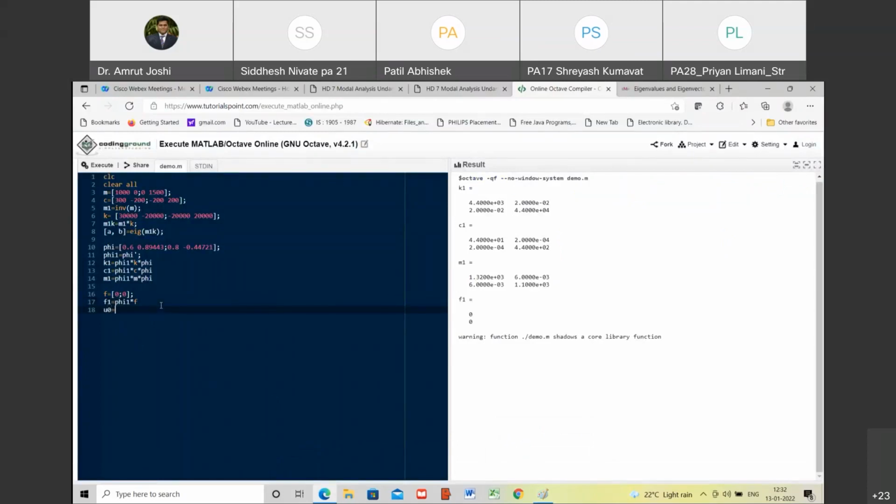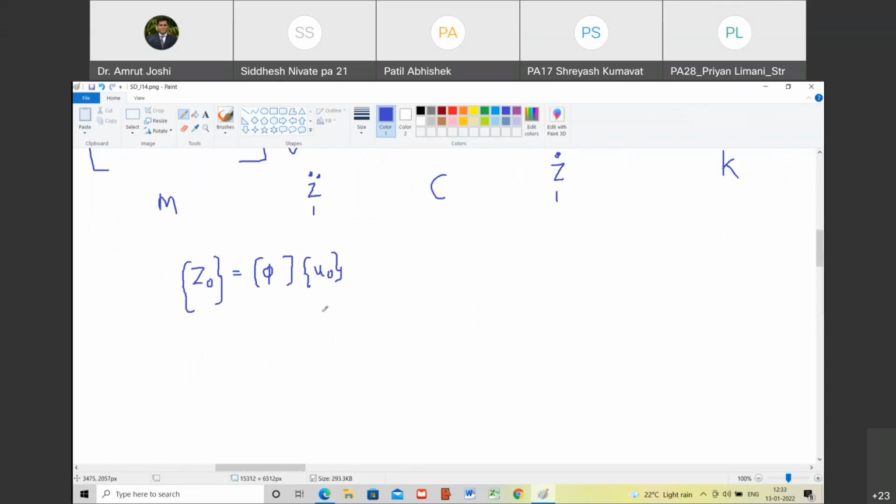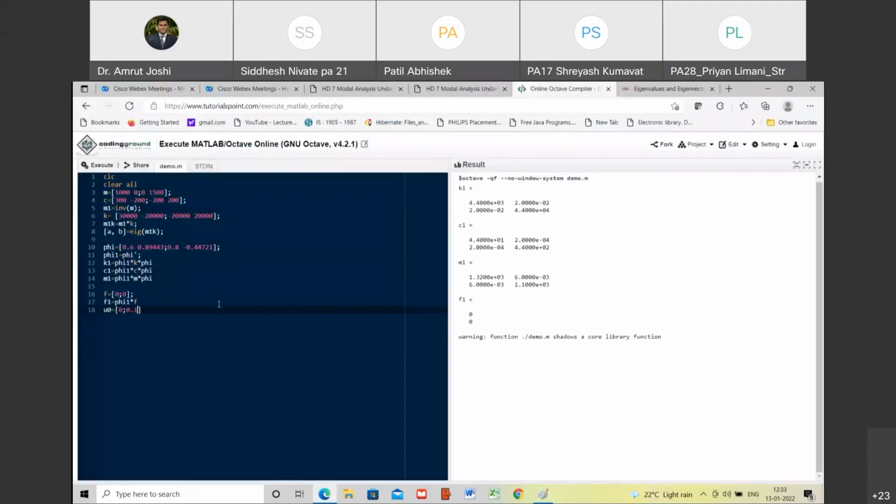What is the boundary condition in this matrix? The first degree of freedom is 0, the second degree of freedom is plus 100, but the first degree of freedom is 0. Do you agree with me at the start? Yes, sir. But 100 mm, I need to convert into meters, so it is 0.1. Do you agree with me? Yes, sir. So what is U0? It is 0 and plus 0.1 meter. Are you with me? Be consistent, be careful about the units.